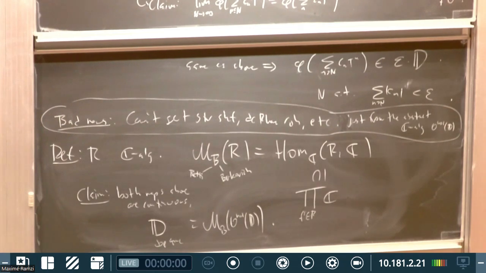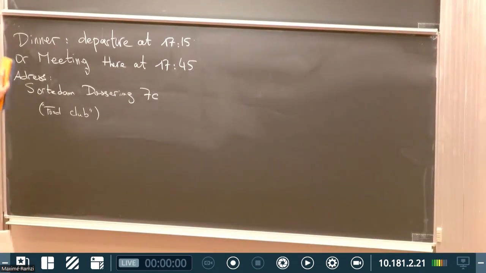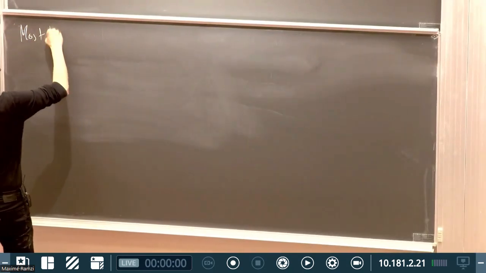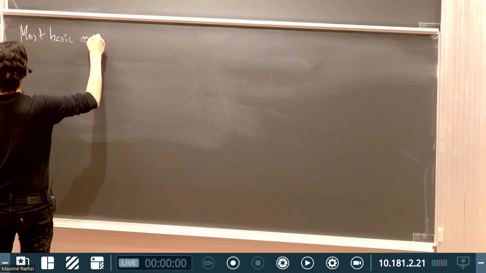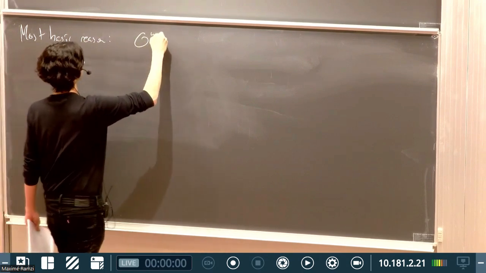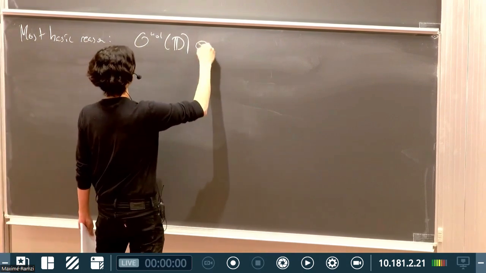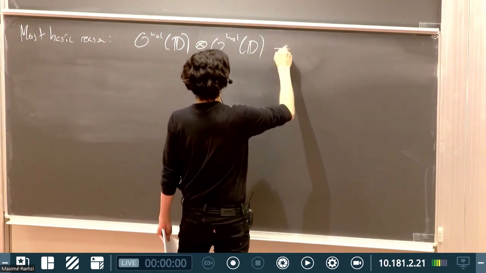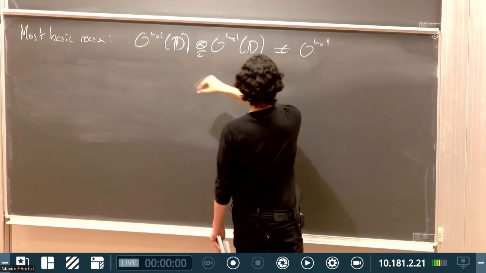I could give you some reasons. The most basic reason, it might not be obvious why this is a reason, but trust me, it is, is that if you take two copies of this ring of holomorphic functions and you tensor them together, it's not the same thing as holomorphic functions with abstract tensor product.